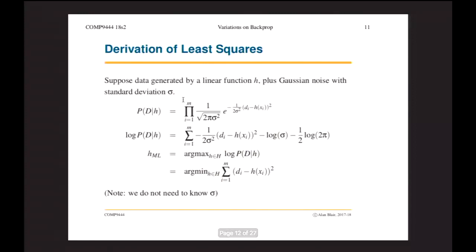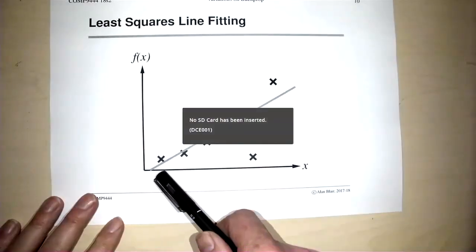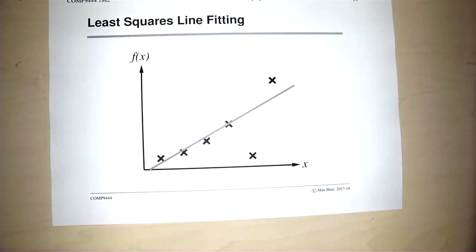So first of all, the thing you've got to really ask yourself is, why is it that the data don't lie exactly on the line? I mean, in a perfect world, all these points would lie exactly on the line, and that would be that, right?